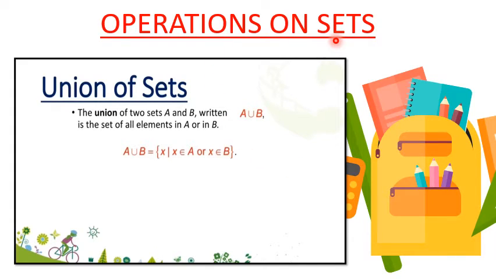Operations on sets. Union of sets. The union of two sets A and B, written as A union B, is the set of all elements in A or in set B or in both A and B. And we can write it in set builder notation form like this: X such that X belongs to A or X belongs to B, or is used for union.